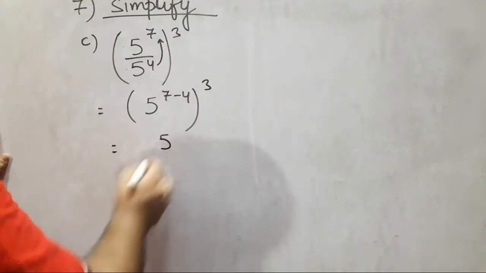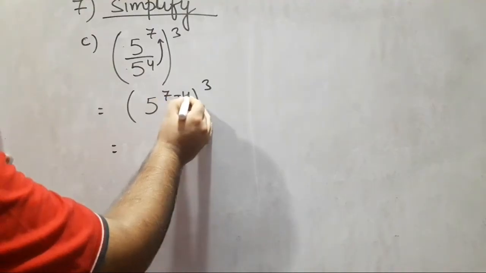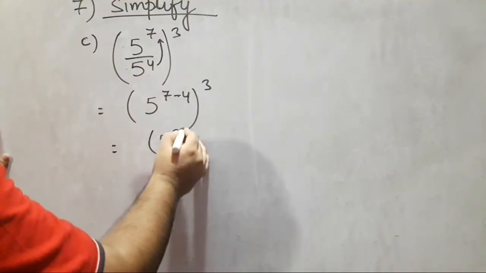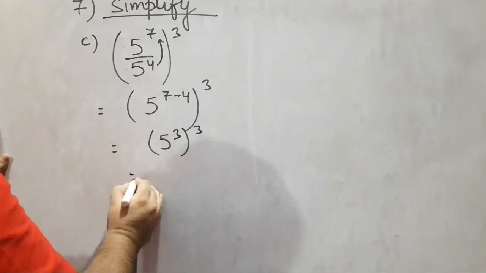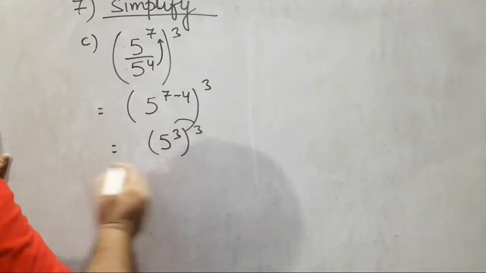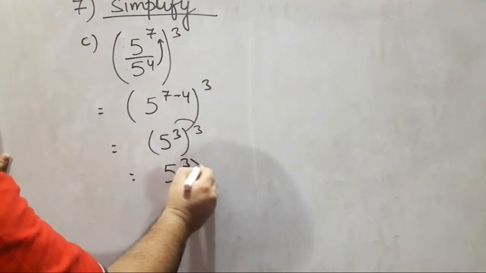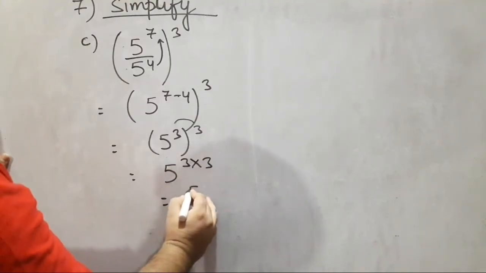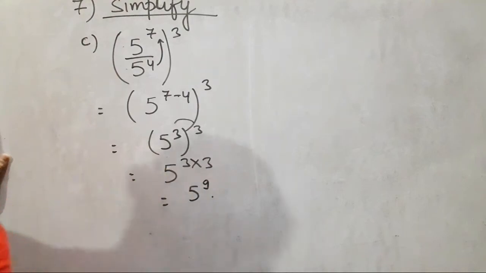So 5 power 7 minus 4, that is 5 power 3, bracket 3. Now according to the power law of indices, these both powers shall multiply. 5 power 3 into 3 equals 5 power 9.